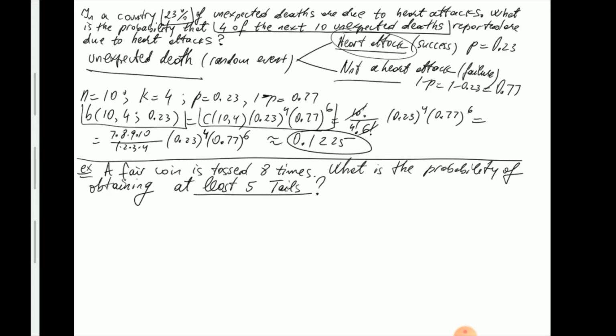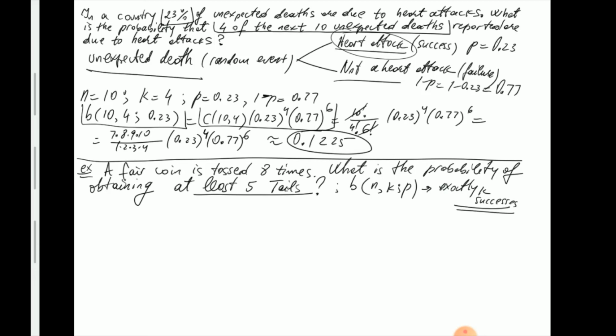What is the probability of obtaining, pay attention here, at least 5 tails. You shouldn't rush to read these problems because, in particular, make sure you remember that the formula for the Bernoulli trial gives you the probability of exactly k successes.